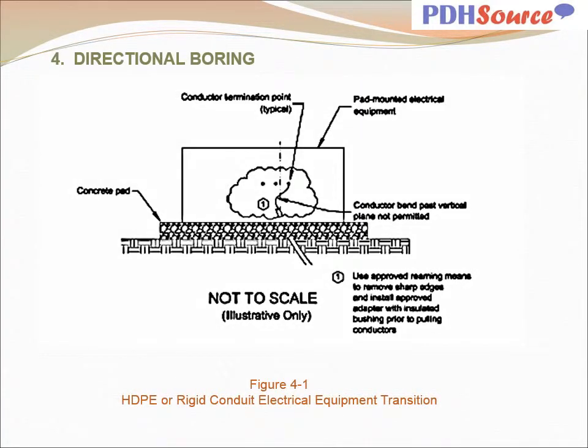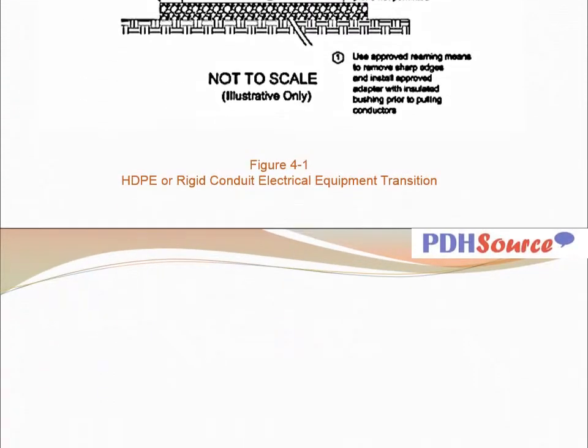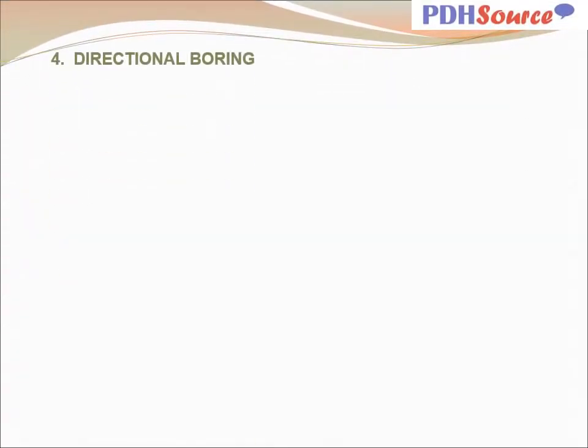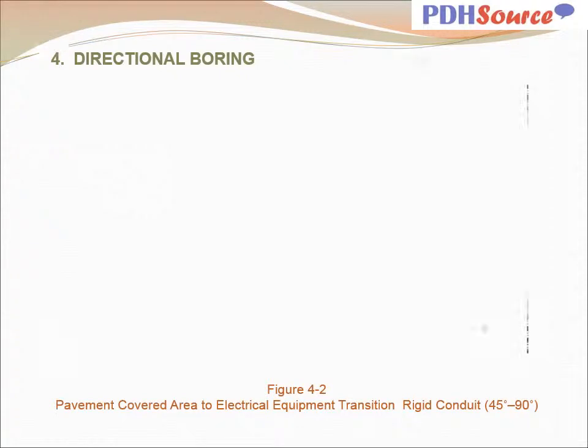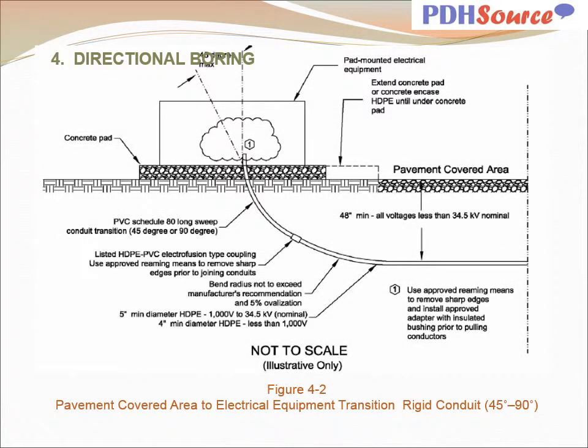Figure 4.1 indicates HDPE or rigid conduit electrical equipment transition. Figure 4.2 indicates pavement covered area to electrical equipment transition for rigid conduit.